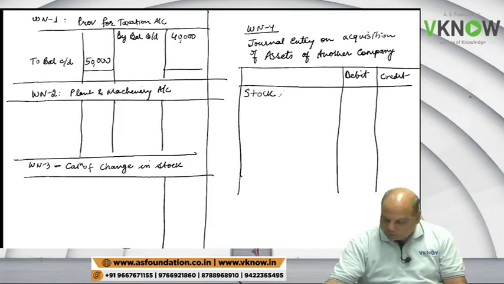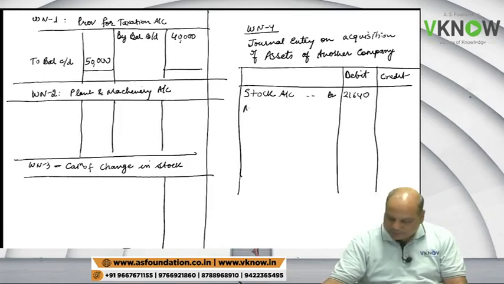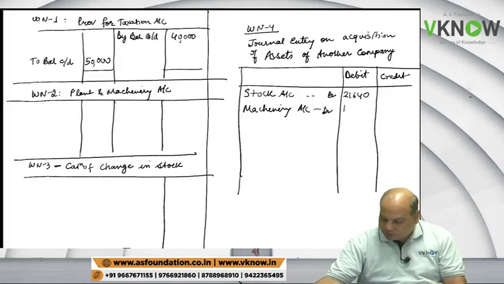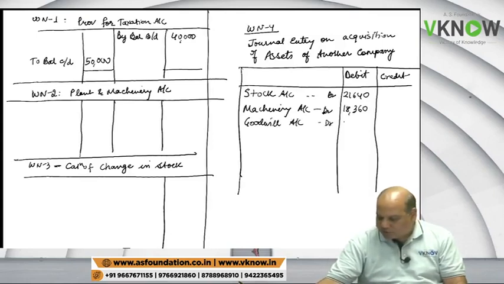Stock account debit 21,640. Machinery account debit 18,360. Goodwill account debit, these figures are appearing in adjustment number 2, 20,000.